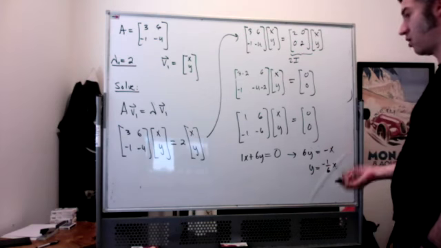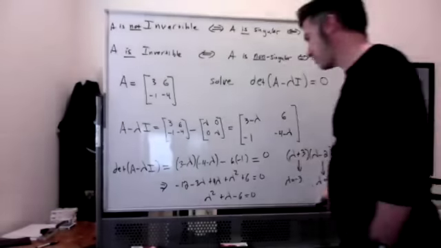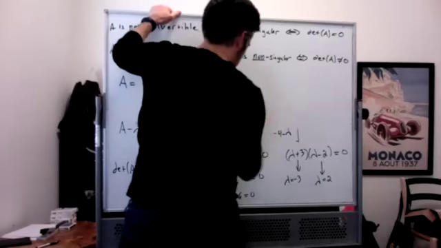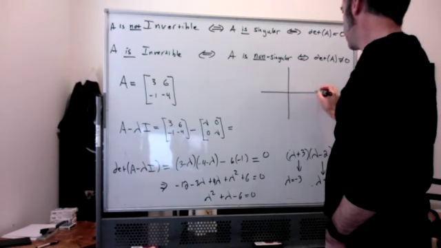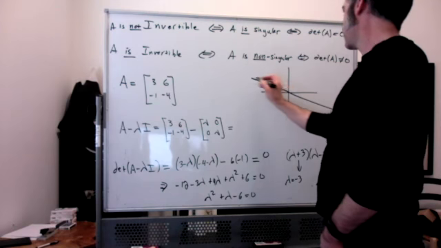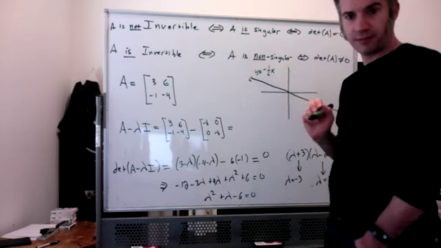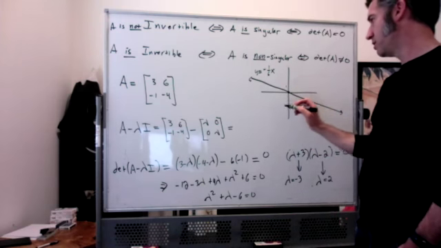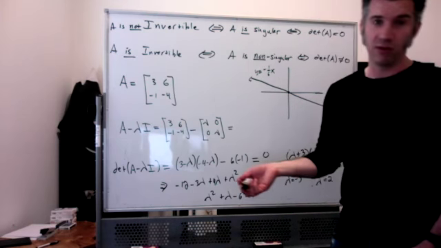Okay, so I'm going to go back to this side for a second. So here's the line, y equal to -1/6 x. There's lots of points on this line. There's the point 0, 0. There's the point 1, -1/6, 2, -2/6.